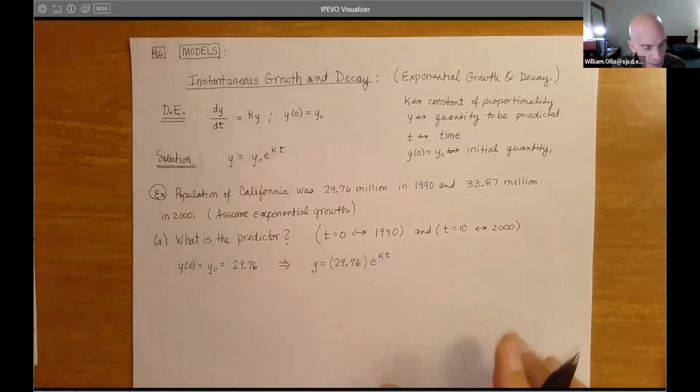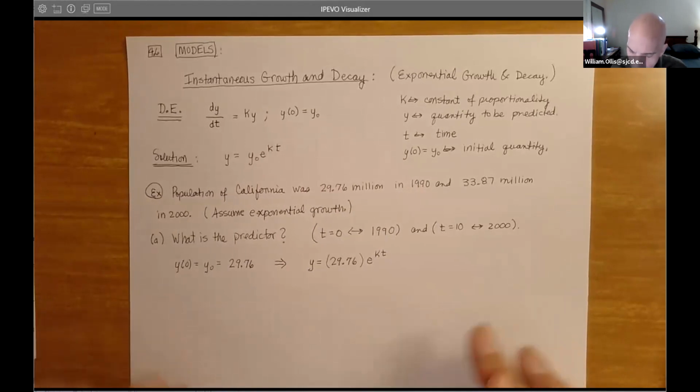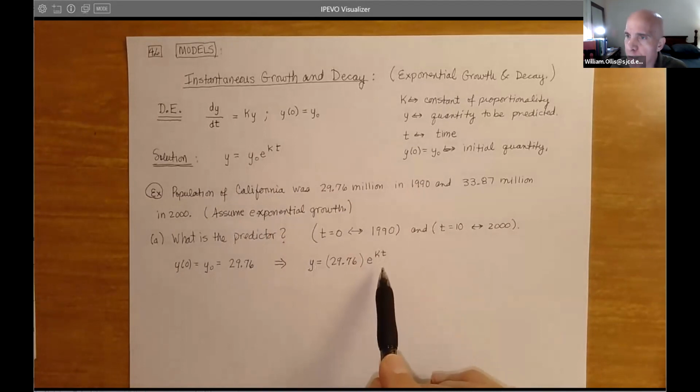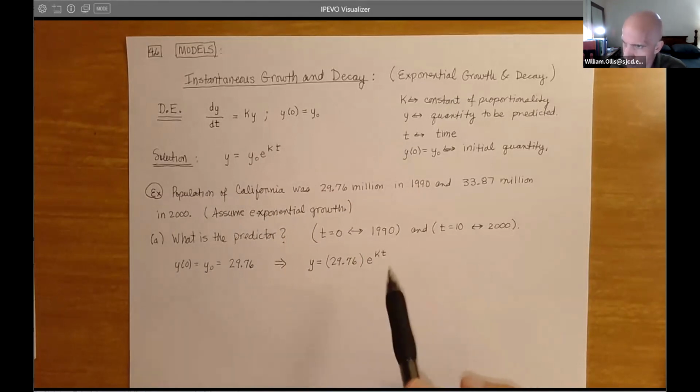So when you look at this and you think about how we do this problem, you're thinking, okay, well, I need a predictor, and really the only variable that I want will be the t. So what I would propose here to make this exact computation is to basically use the laws of exponents and solve for e to the k.